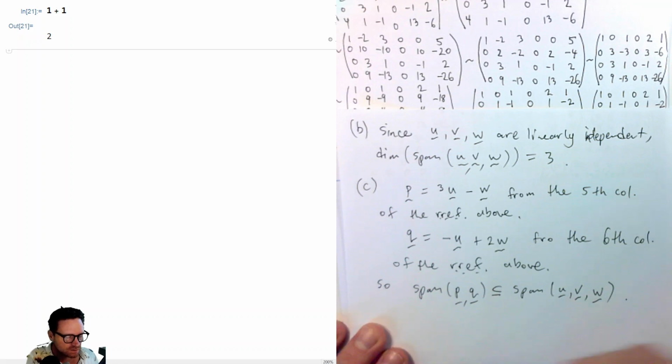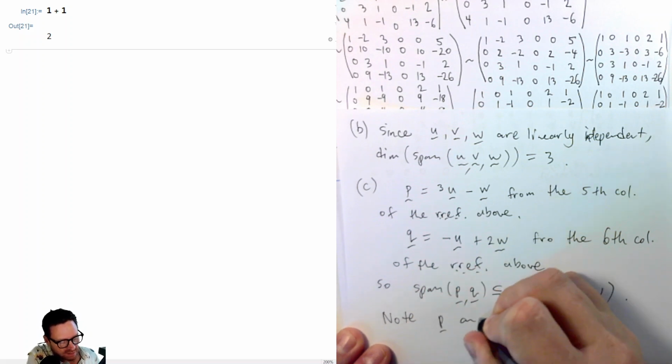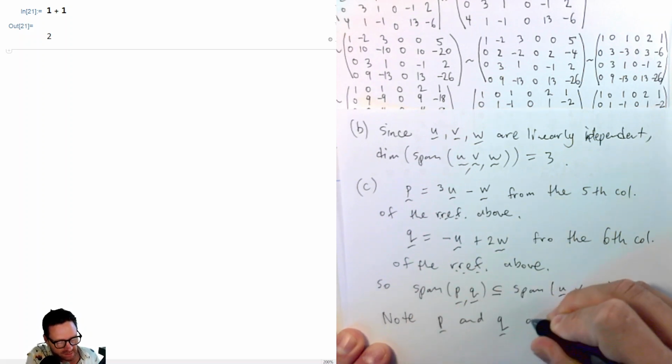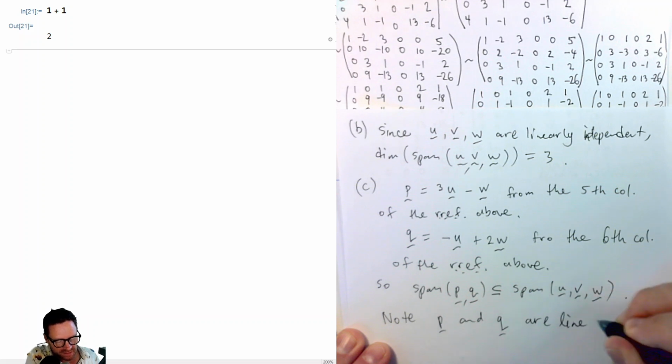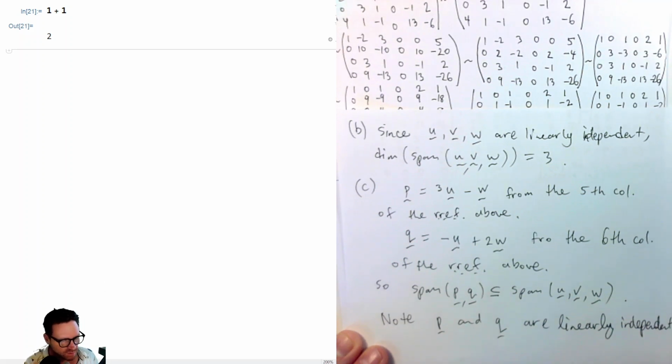Okay, now also note P and Q are linearly independent because they are not multiples of one another.